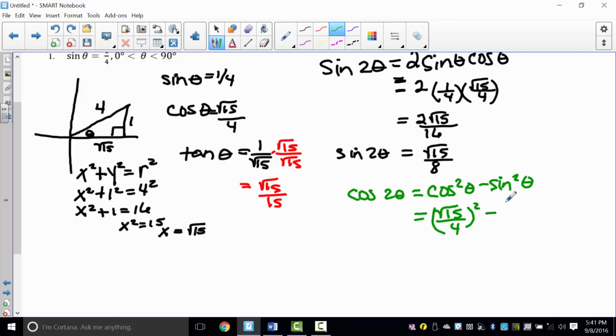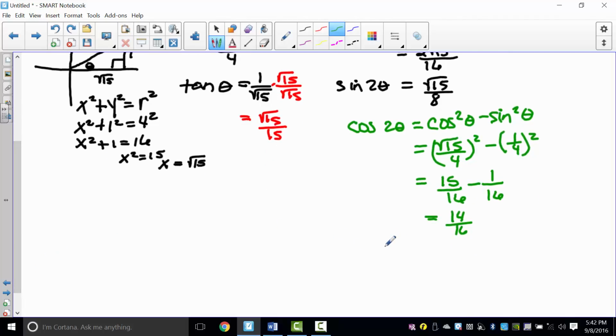The sine is 1 over 4 squared. Radical 15 squared is radical 15 times radical 15, which is 15. 4 squared is 16. 1 squared is 1. 4 squared is 16. So 15 over 16 minus 1 over 16 is 14 over 16. So that gives us cosine 2 theta equals 7 over 8.